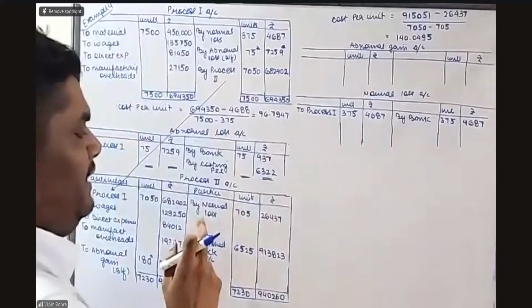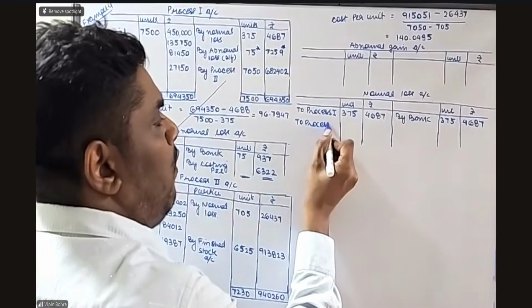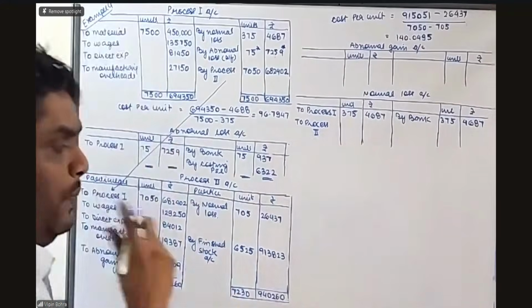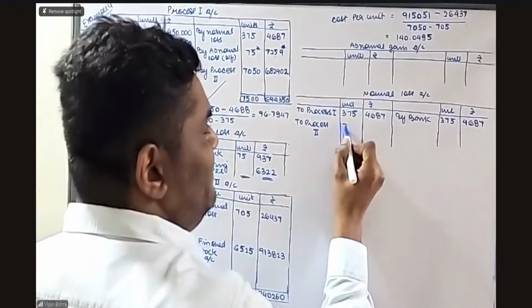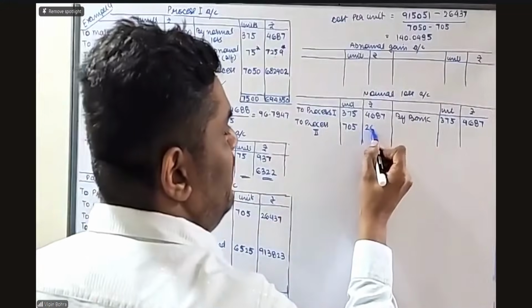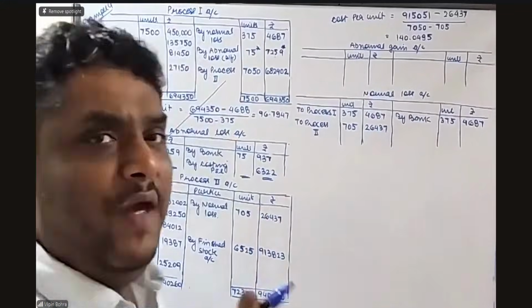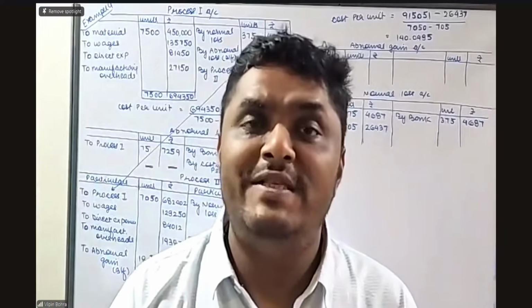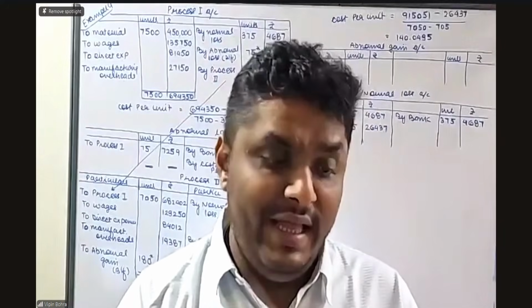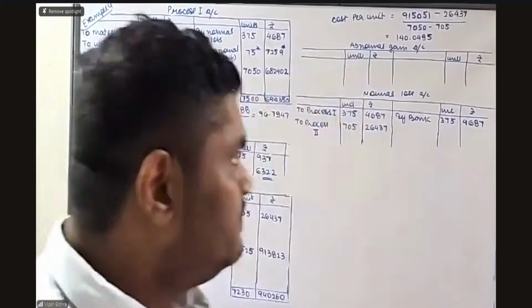Now the next entry for process second, to process second, the normal loss is 705 and 26,437. Now see, we were predicting a normal loss of 705. However, there is an abnormal gain also of 180 units.